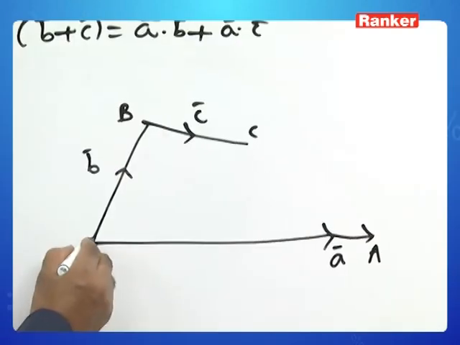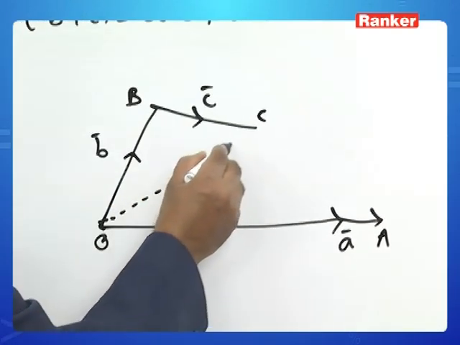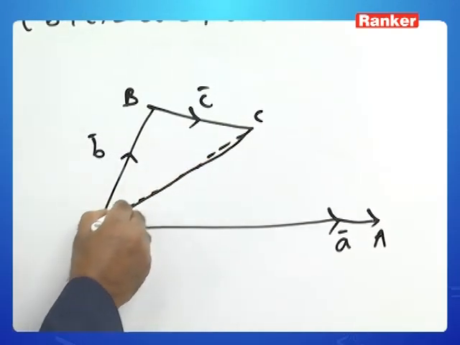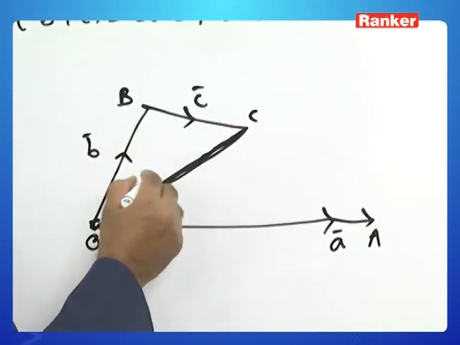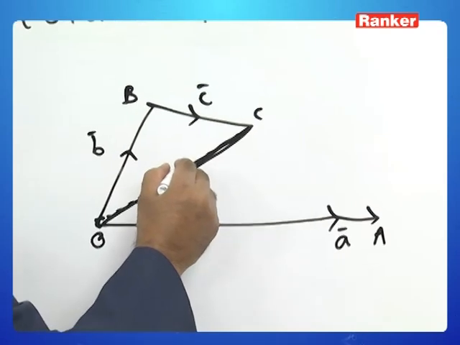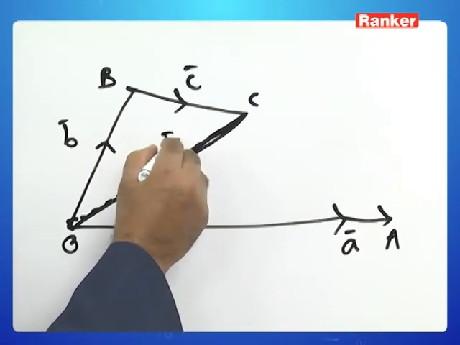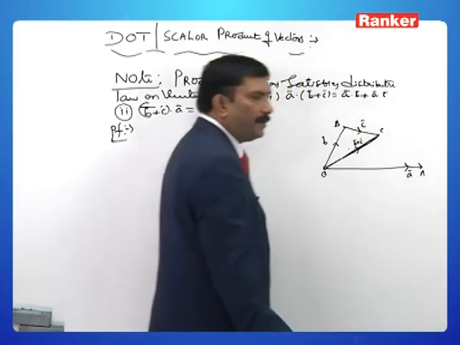Then by using vector addition, if I join these two, this is nothing but B bar plus C bar.